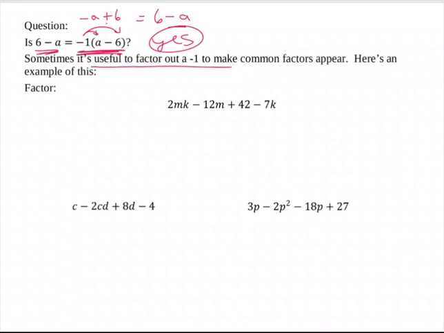I will say, though, that if I had something like -x squared plus some stuff, in order to be able to factor, this term right here needs to be positive. So if you ever encountered some problem where it said factor this and you have a -x squared term, you're going to want to factor out the negative from the whole trinomial as if it was a GCF.